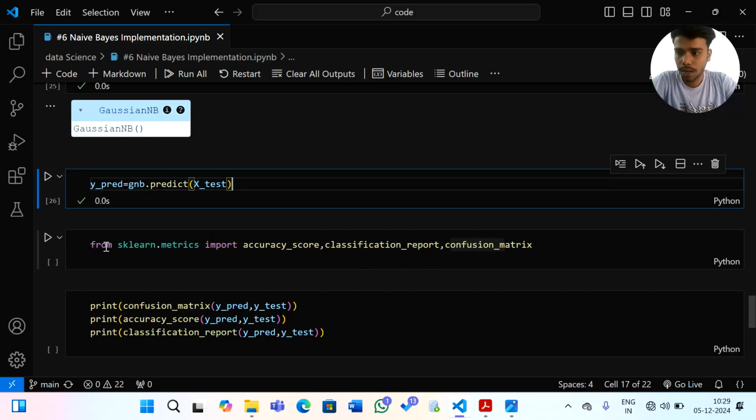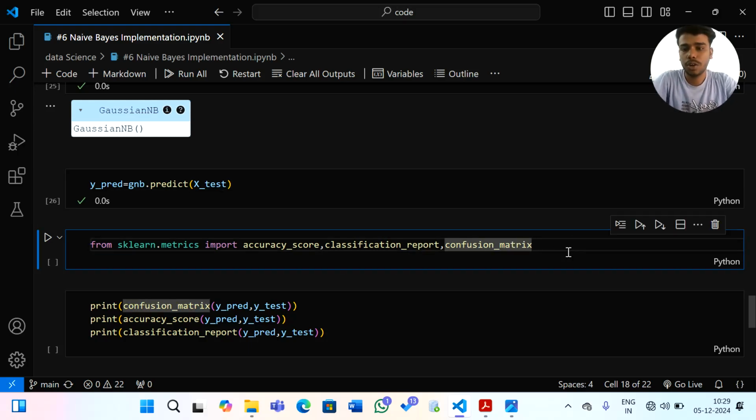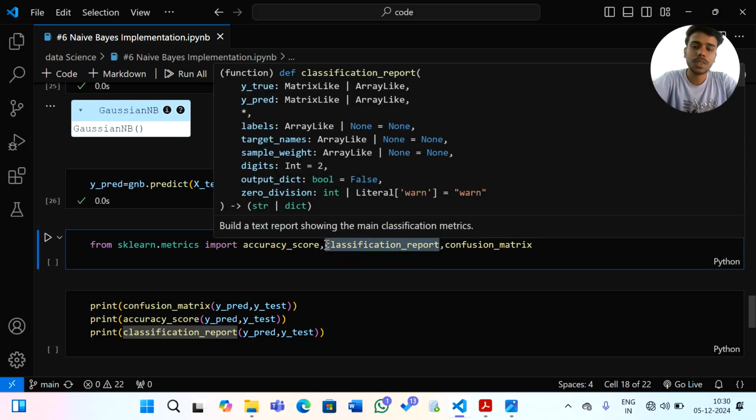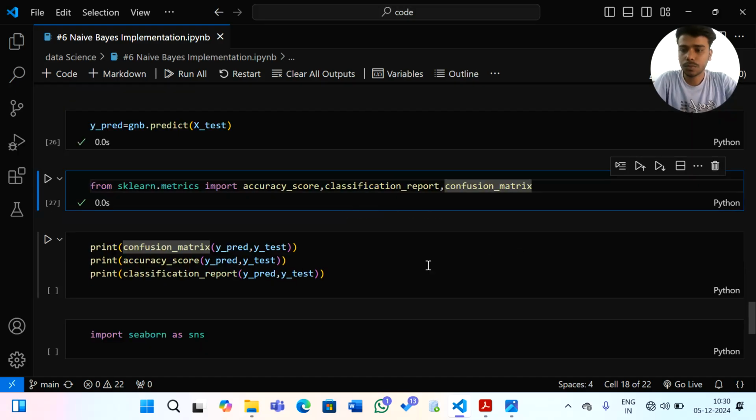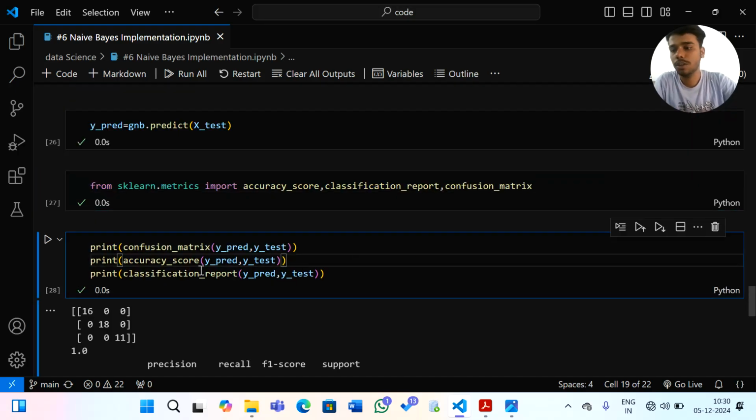Now for evaluating the model, in the previous video we understood how to evaluate a model, so here we will consider it again. I have imported accuracy_score, classification_report, and confusion_matrix. The classification report gives the precision, recall, F1 score, and many other metrics for classification. Now let's print the confusion matrix.